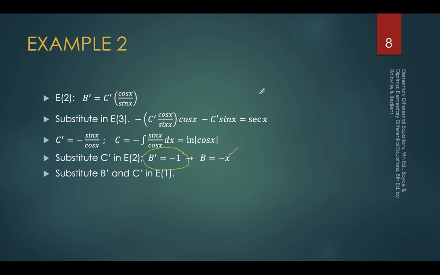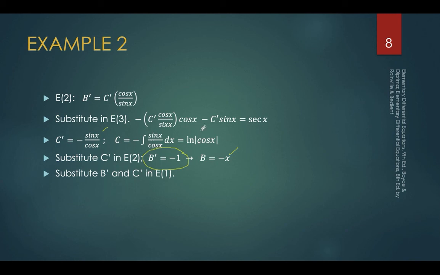And then for c prime, you can substitute here negative 1, and then we solve for c prime. Your c prime here will be negative sine x over cosine x, and then integrating will give you ln of cosine x.